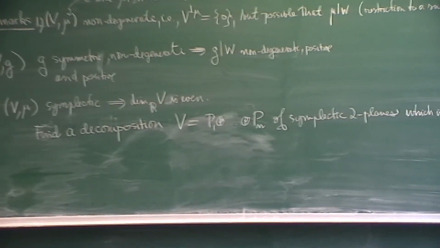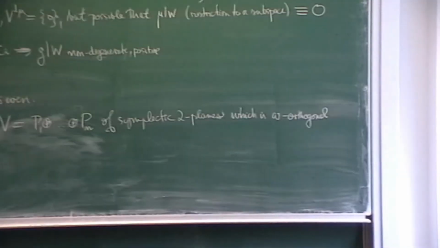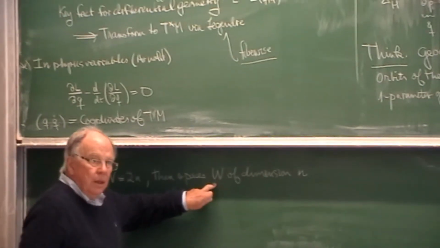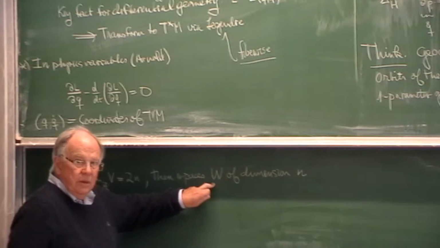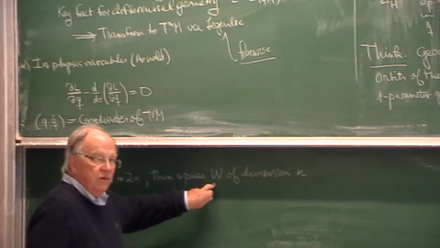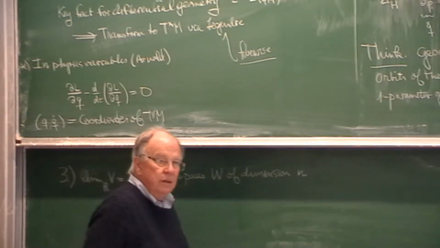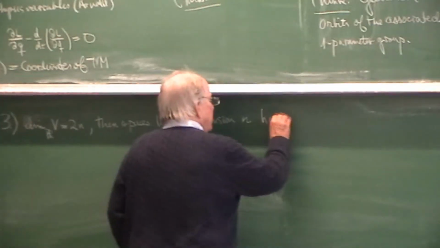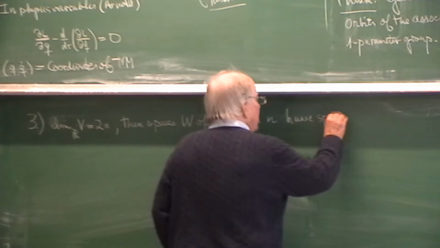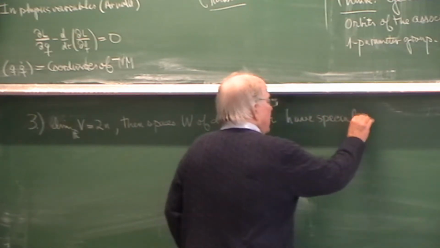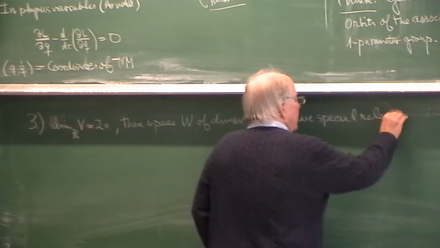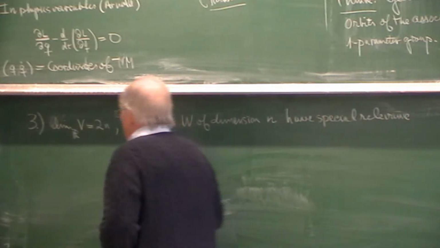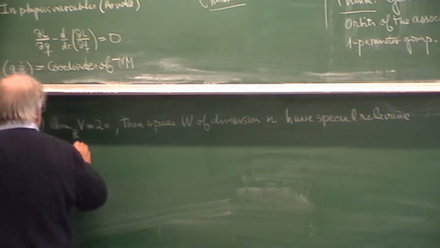Then the space has dimension 2n. So the third remark is if this thing has dimension 2n, then the subspaces of dimension n right in the middle are of great relevance for many, many subjects in physics. They're called Lagrangian subspaces. They have special relevance.